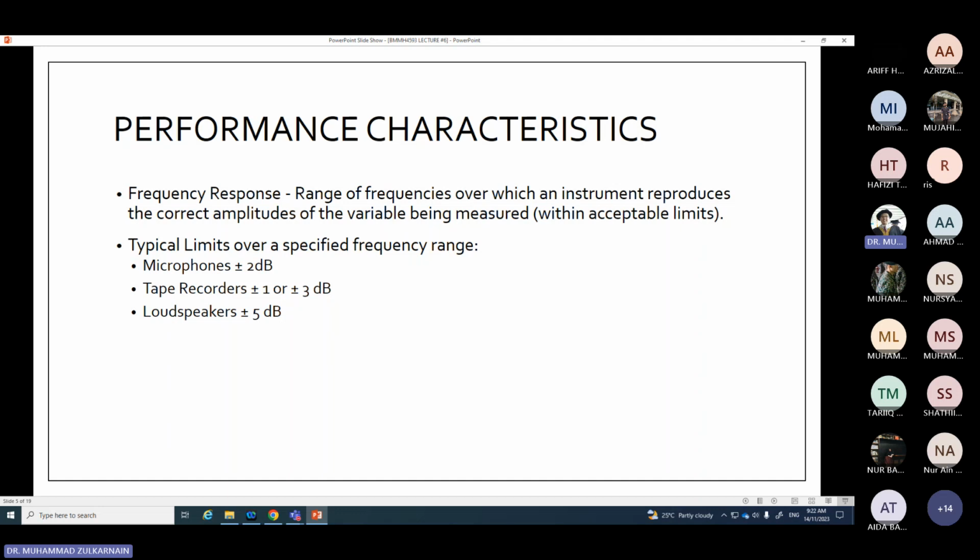And then the tape recorder plays from 1 until 3 decibel. If it is lower than that, the tape recorder cannot catch the source of the noise. And the loudspeaker will be created in the 5 decibel. That's an illustration of how the device can function in several ranges of the decibel.